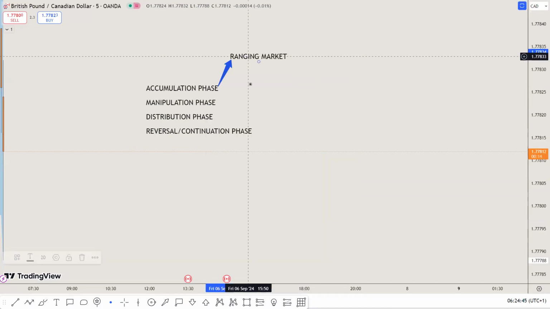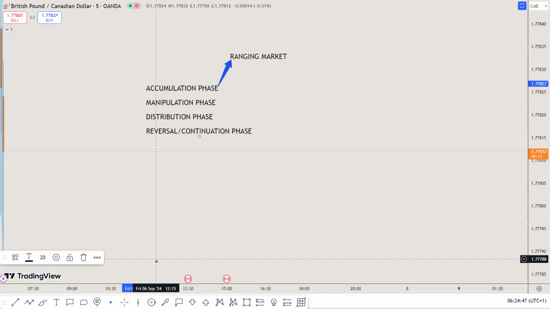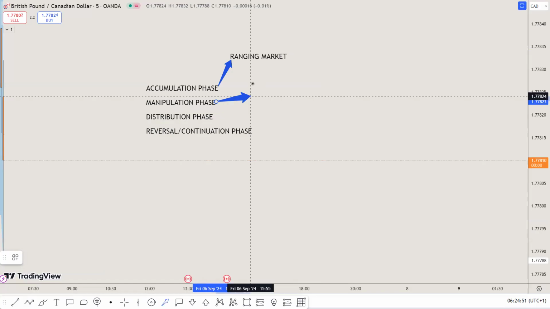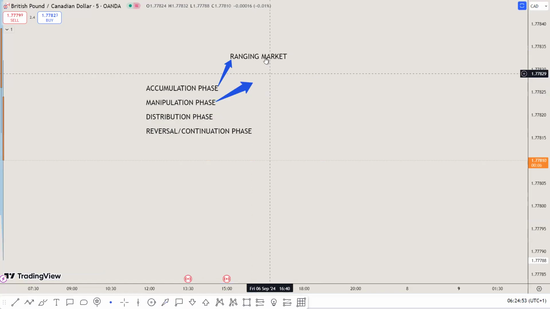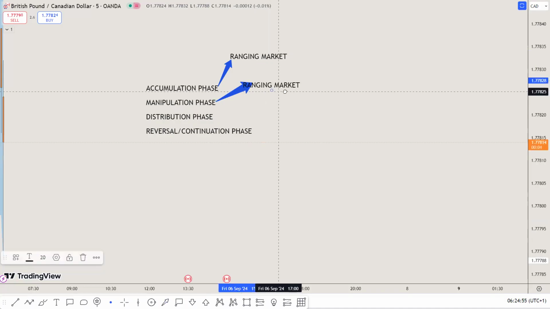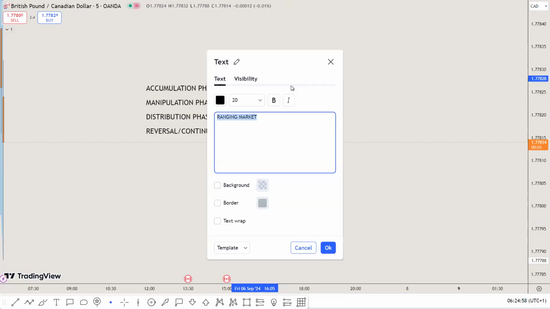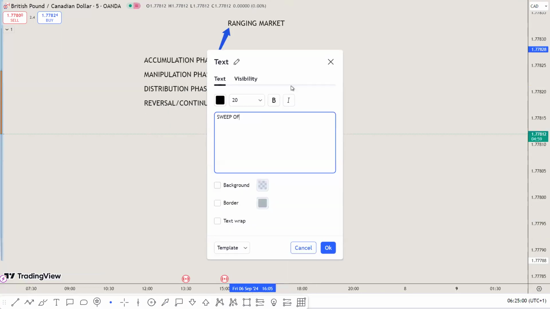Please note this indicator naturally tells you if you are in the manipulation phase or accumulation phase. The manipulation phase is a sweep of what? Liquidity, which I'll be focusing on.